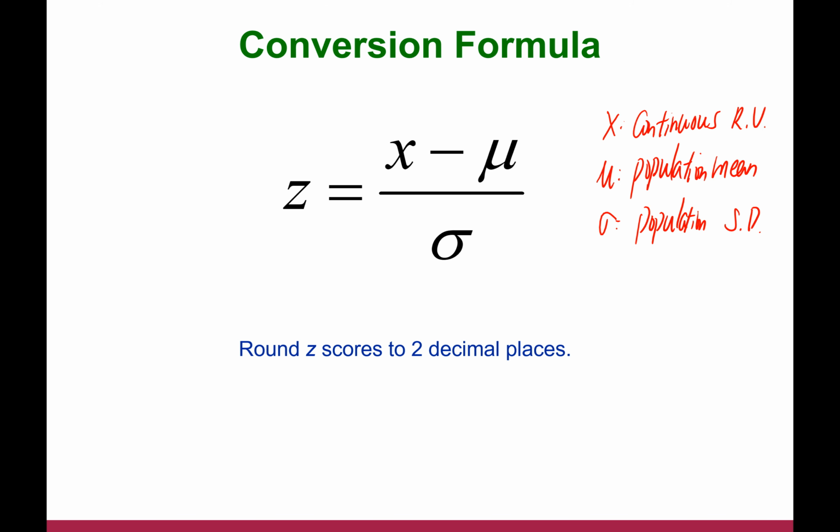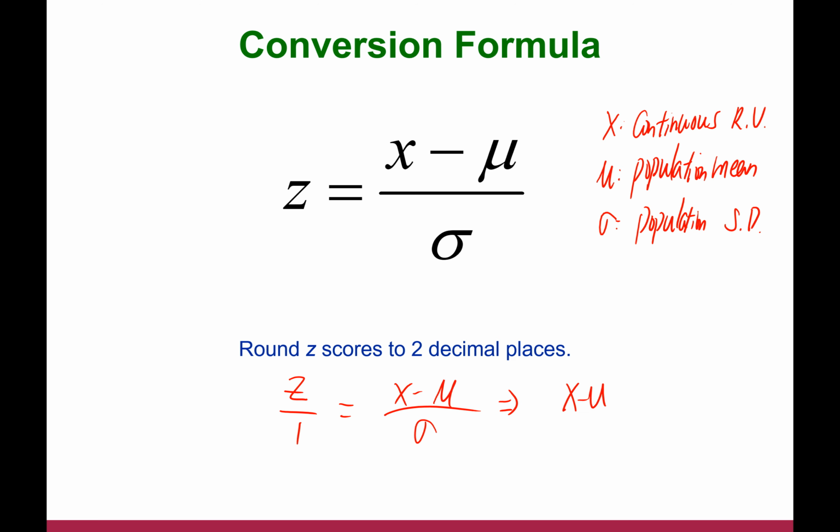Sometimes we're given a probability, and if you're going backwards to find the x value, you use this conversion.